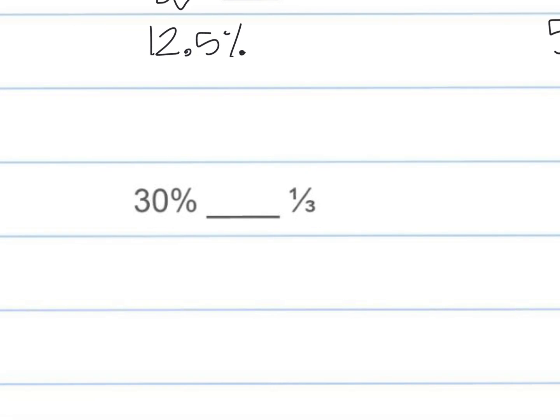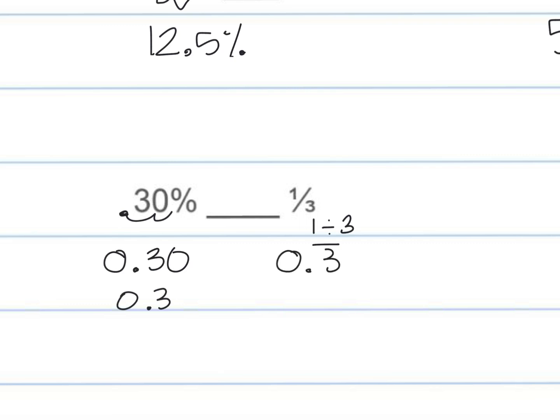Now 30% and 1/3. So 30%, I'm going to make this a decimal, actually. So let's change 30% to, remember, we take the decimal and we go 2 to the left. So we have 30/100ths, which is the same as 3/10. 1/3, if I put into my calculator 1 divided by 3, I will get 0.3 repeating.